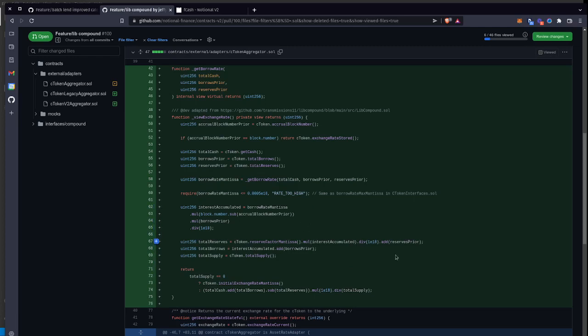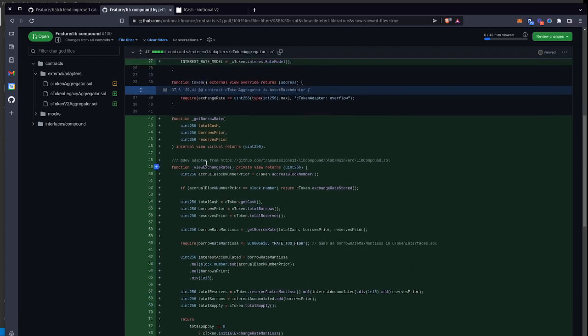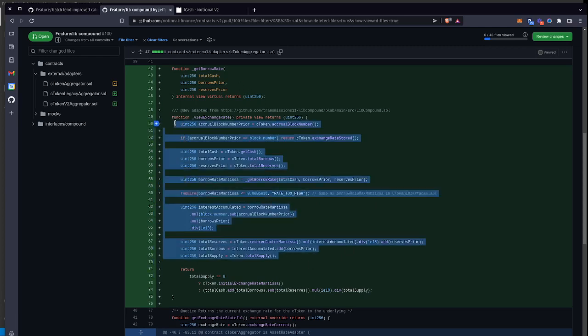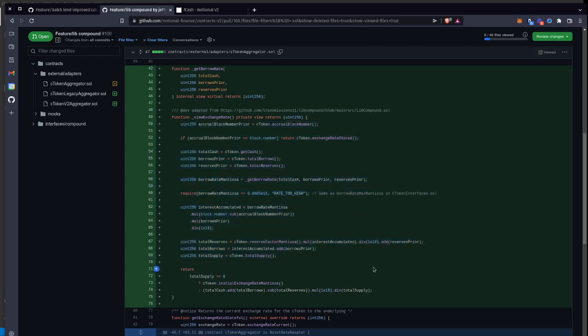So what we're doing here is upgrading our aggregation, our interface with Compound, to calculate that exchange rate based on math that's internal to the C token. This is a view method.